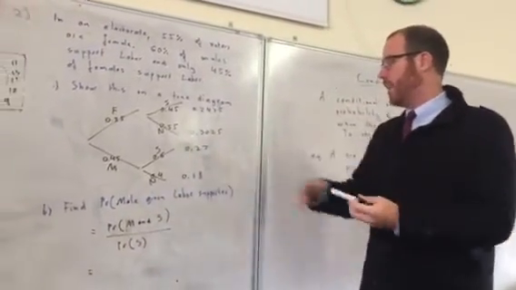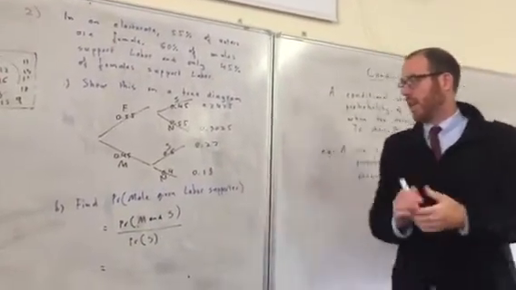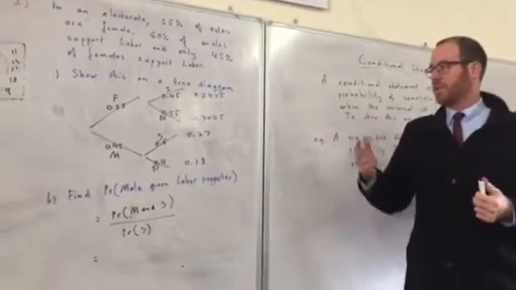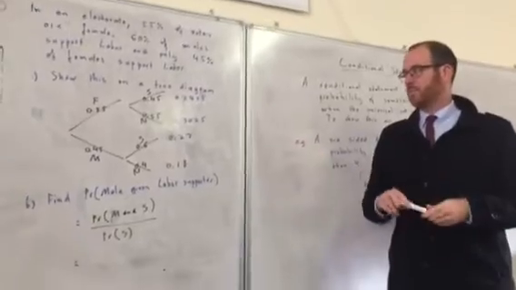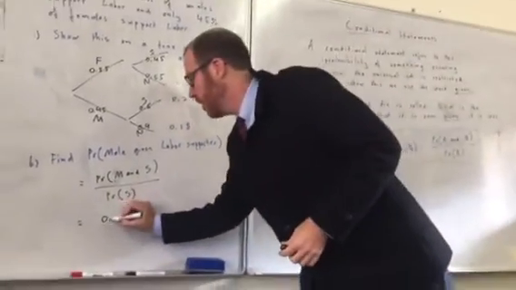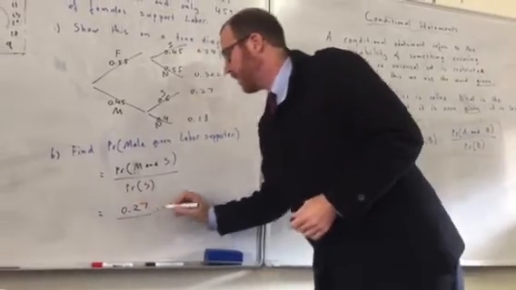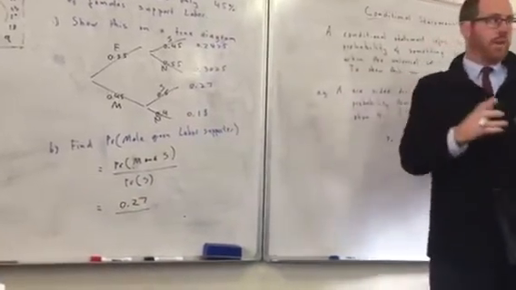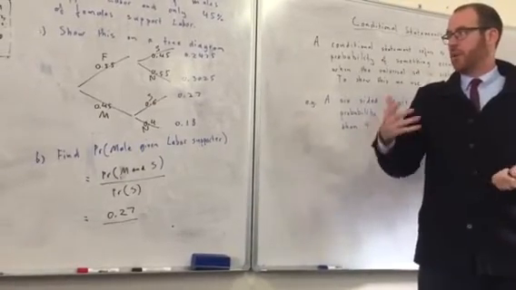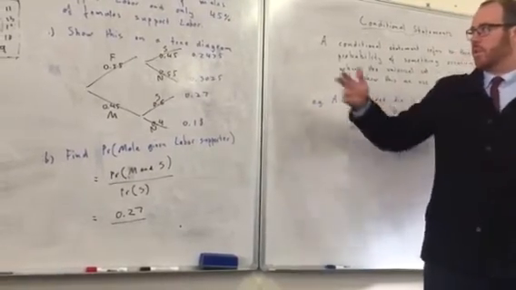So from this up here, what is the probability of us picking out of the crowd a male who is also a supporter of the Labor Party? 0.27, can we see that? What's the probability of us picking a person out of the crowd randomly who, regardless of male or female, is a supporter of Labor? 0.5175.